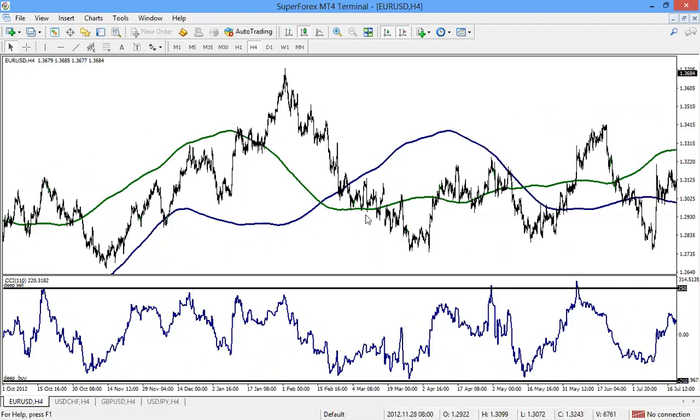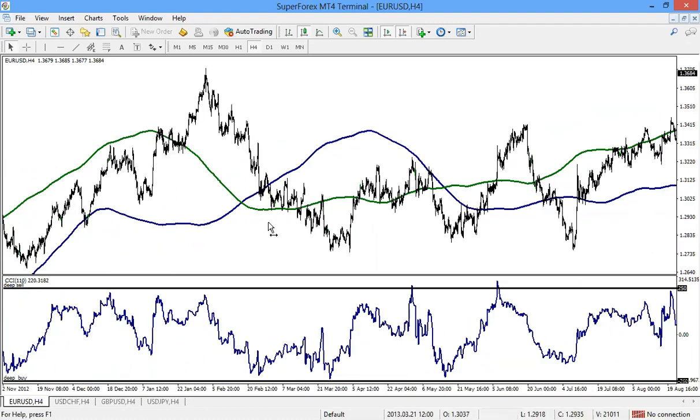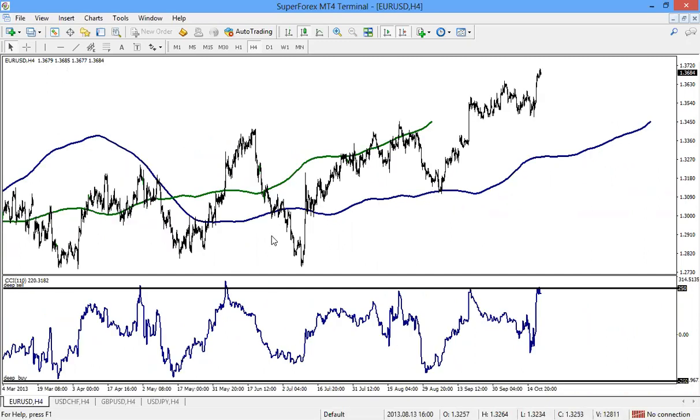Now, if we were using this 200 minus 200 line, it means on this one it was going to be a sell. Am I correct?